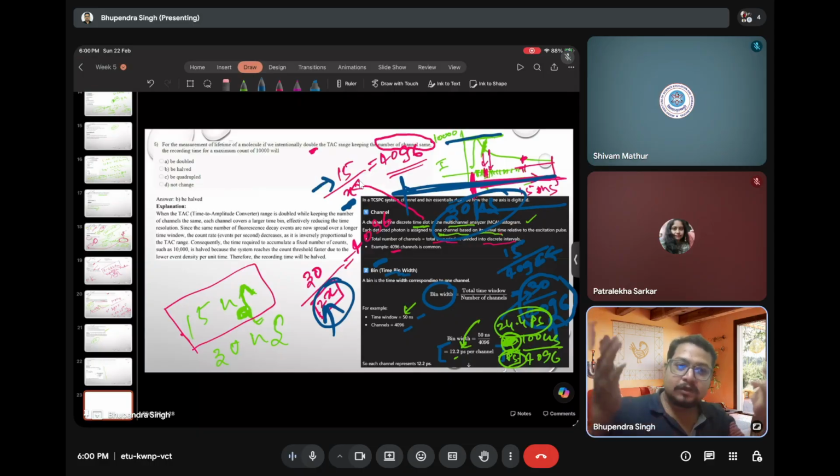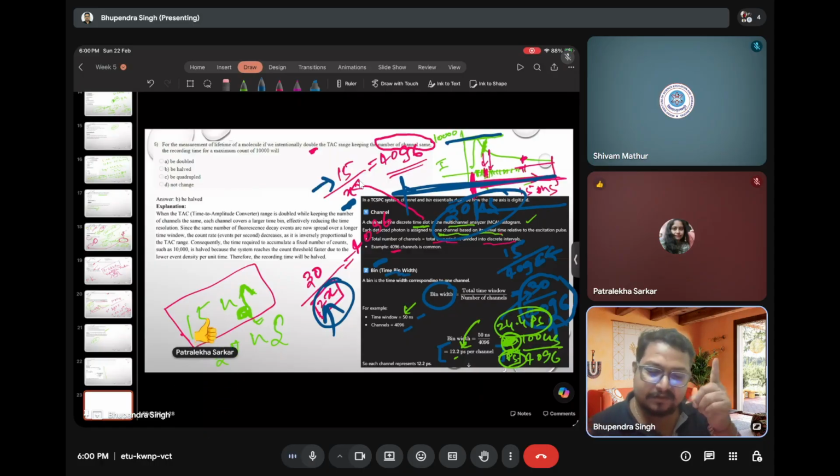So molecules will come at that time window twice of the previous one. Okay, so which means that the time for the measurement of the lifetime of the molecule will be halved, if we intentionally double the time range, keeping the number of channels the same.